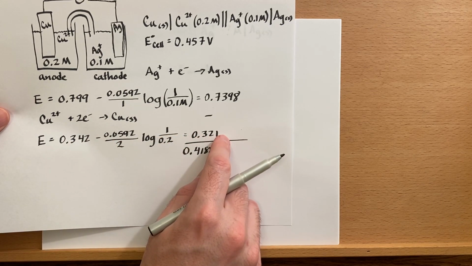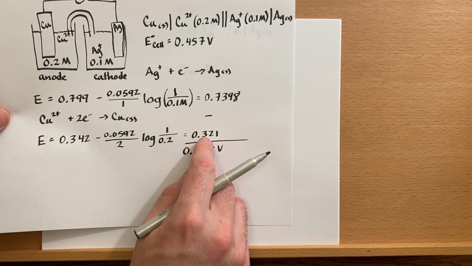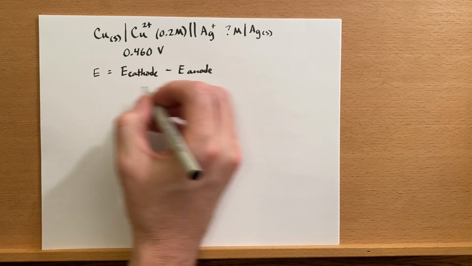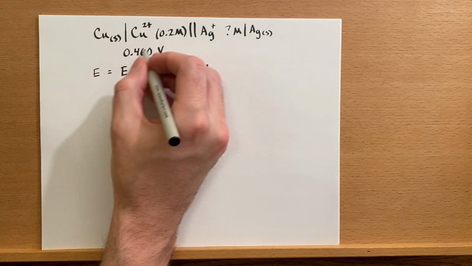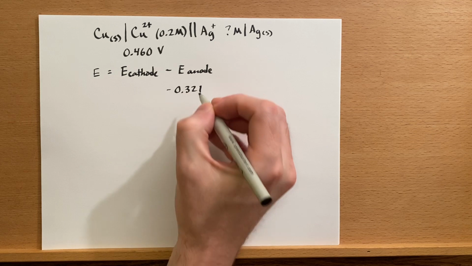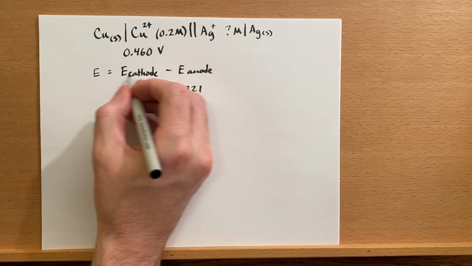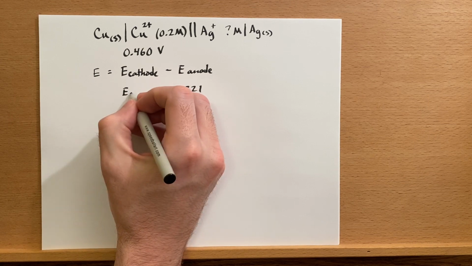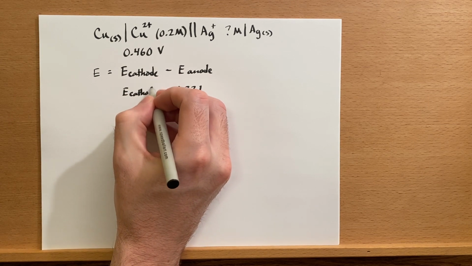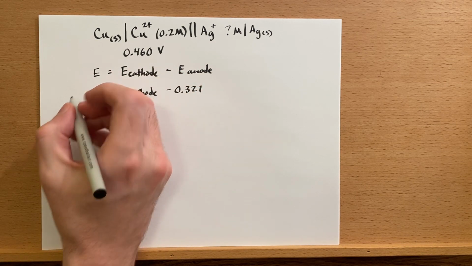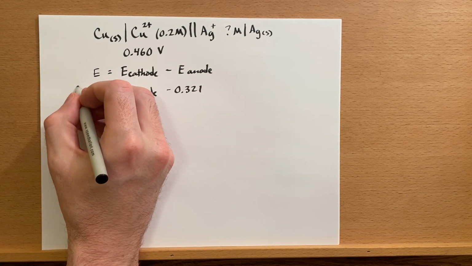So the anode portion should be 0.321. So we'll just start filling things in here. Here's our anode. We don't know the potential of the cathode just yet. And we do know our cell potential because we had to measure it with a voltmeter.